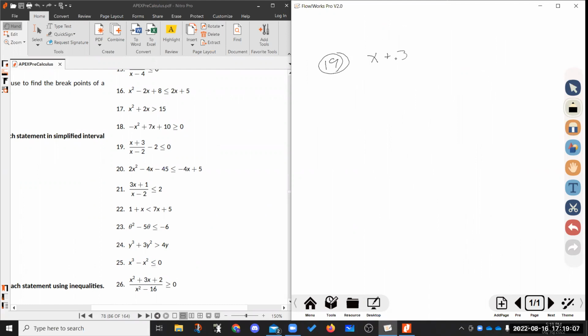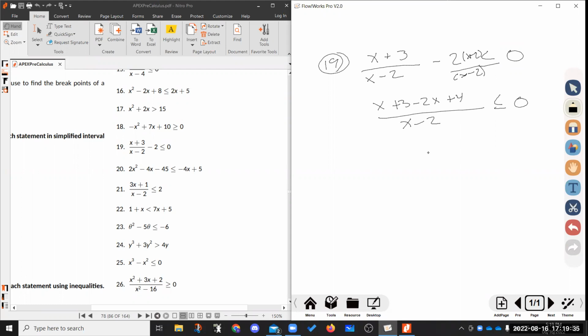x plus 3 over x minus 2 with a minus 2 outside of it, less than or equal to 0. So I'm going to make a common denominator of x minus 2. That's going to be x plus 3 minus 2x plus 4 over x minus 2 is less than or equal to 0. This doesn't change the domain at all.